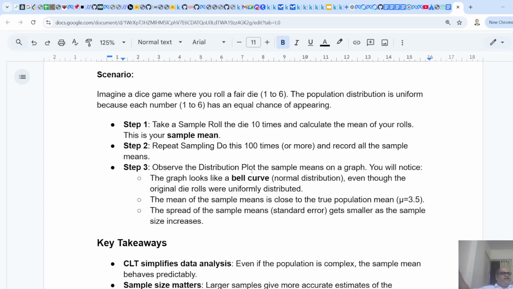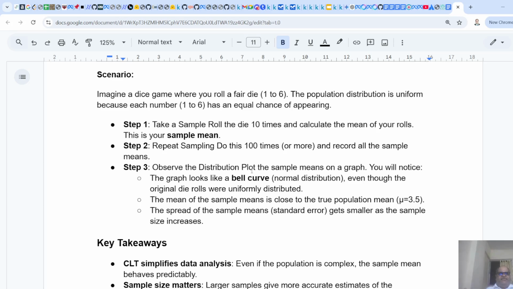If you rolled it 100 times, the frequency of 1 coming, 2 coming, up to 6 coming, for a fair die, would be closer to 16 each, 100 divided by 6. So everything would have looked like a bar graph: 16 for 1, 16 for 2, 16 for 6.